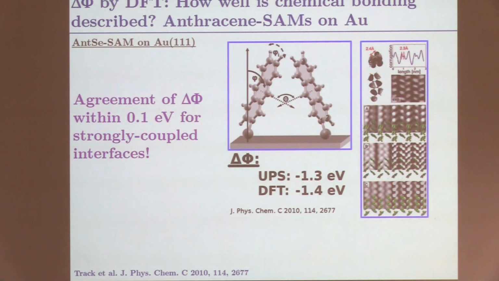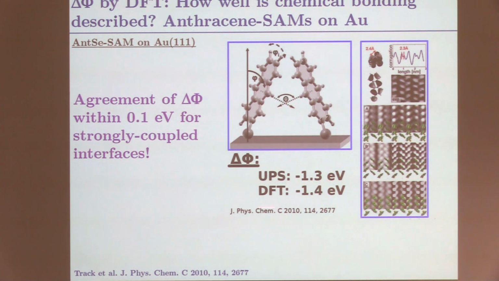Now, with molecular monolayers, the story is a bit longer, but there was very encouraging work from 2010, and they put a lot of effort into finding the correct geometry of these anthracene selenolate monolayers on gold. There were several geometries that were possible from the calculations, but then they used the calculations to reproduce scanning tunneling microscopy images that were also recorded experimentally to find which of the geometries is the most useful one.